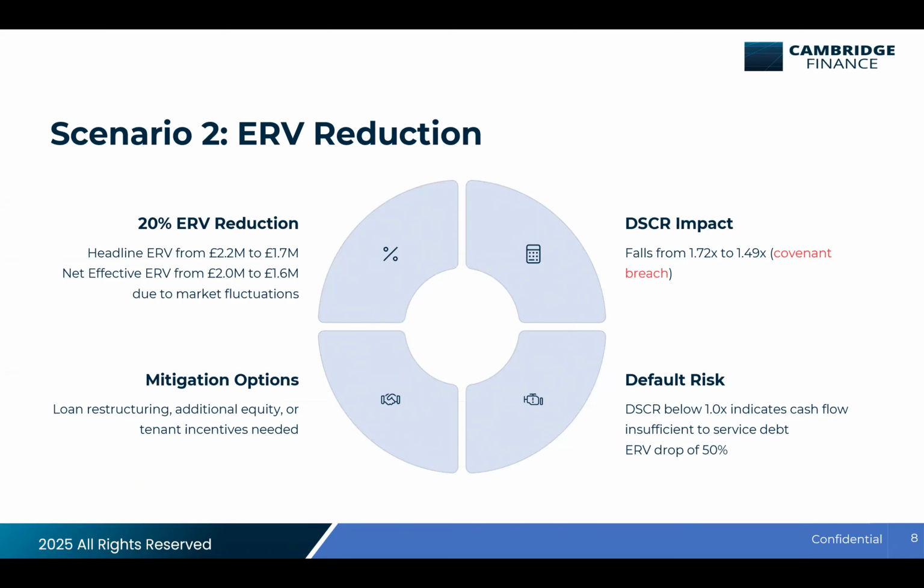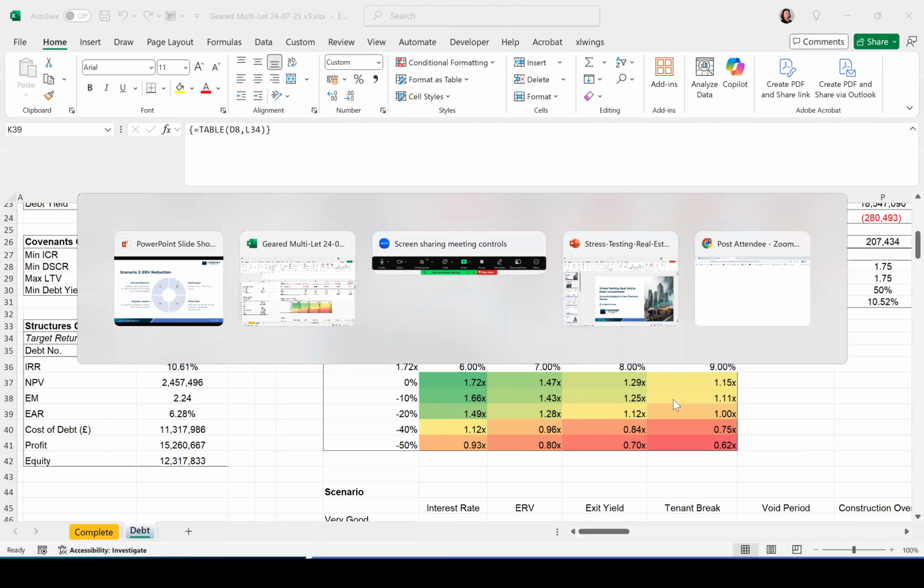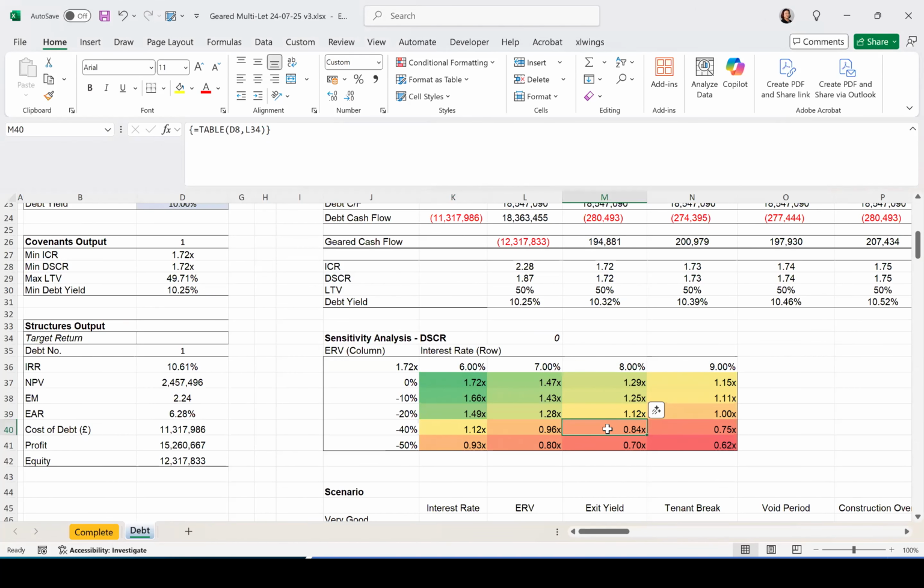And then the default risk is to check when you're unable to pay. So when you are below 1 times the DSCR, it means that you don't have enough to service the debt. So you are receiving less than you have to pay.